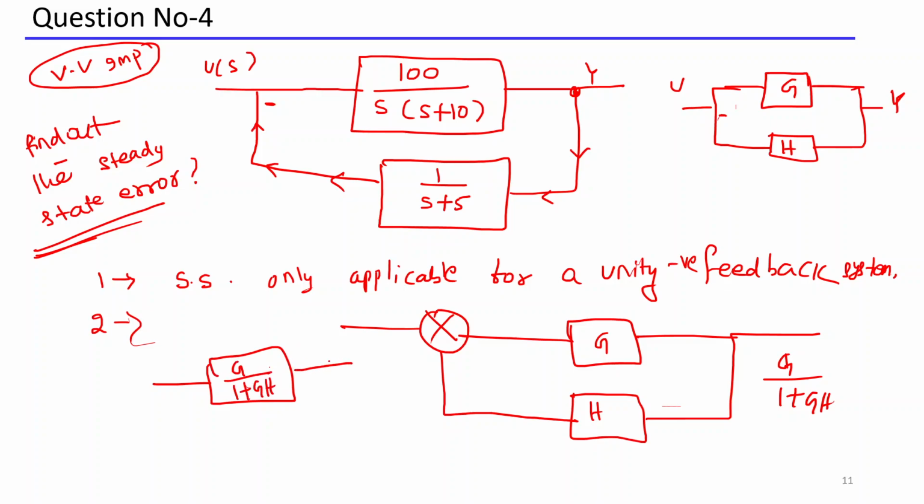Now in this system, I am adding a positive feedback here, and here I am adding a negative feedback. But I told you that for steady state error, you need to convert into a negative feedback system. It means whatever the remaining lower portion is, you keep it, and the upper portion you try to solve. So I am solving it in the next slide.